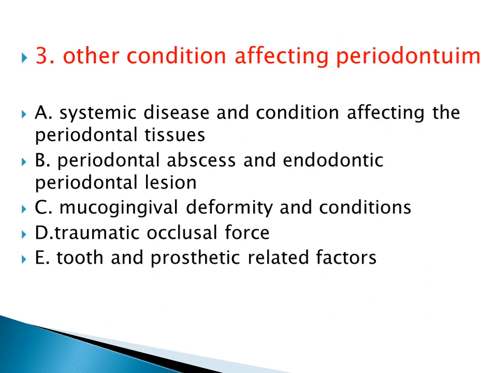In addition, the 2017 classification includes other conditions affecting the periodontium: systemic diseases and conditions affecting the periodontal tissue, periodontal abscess and endodontic lesions. Also, there are mucogingival deformities and conditions, traumatic occlusal forces, in addition to tooth and prosthetic related factors.